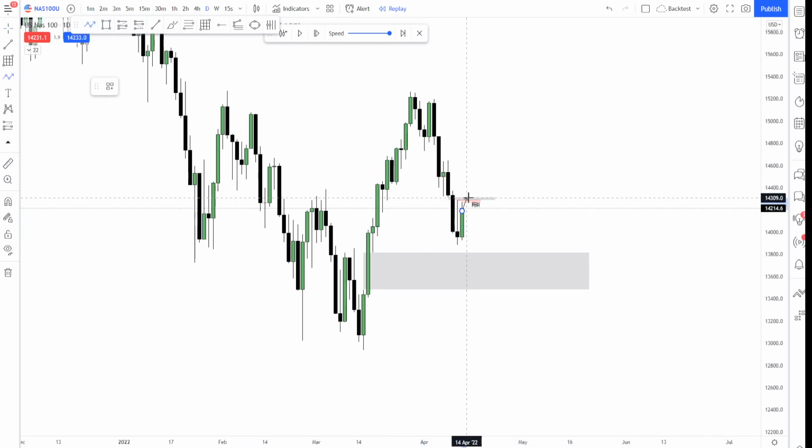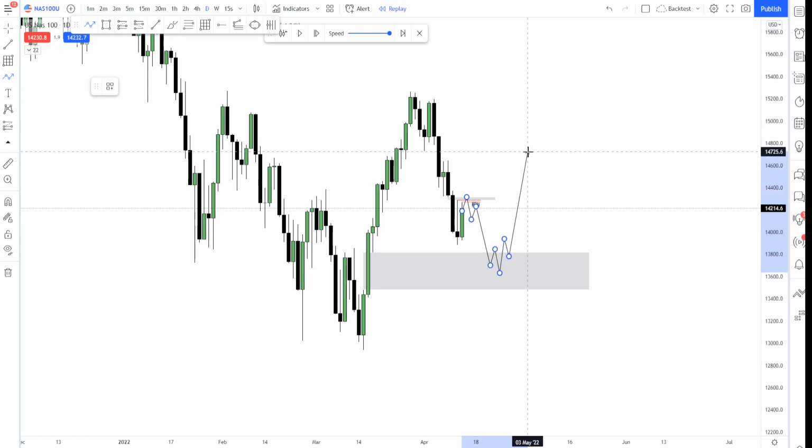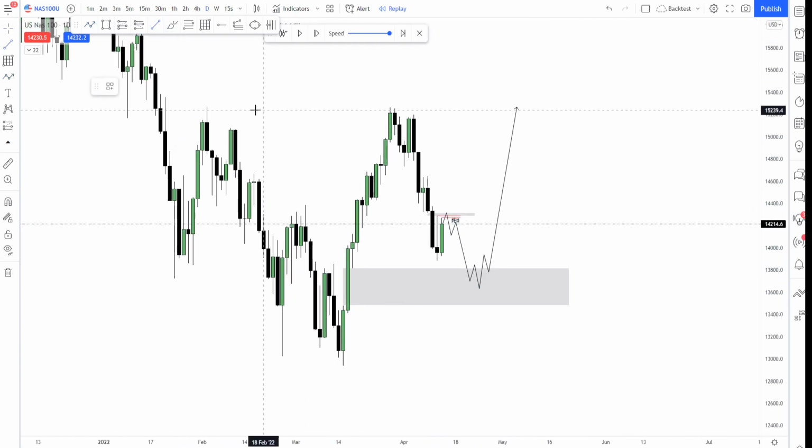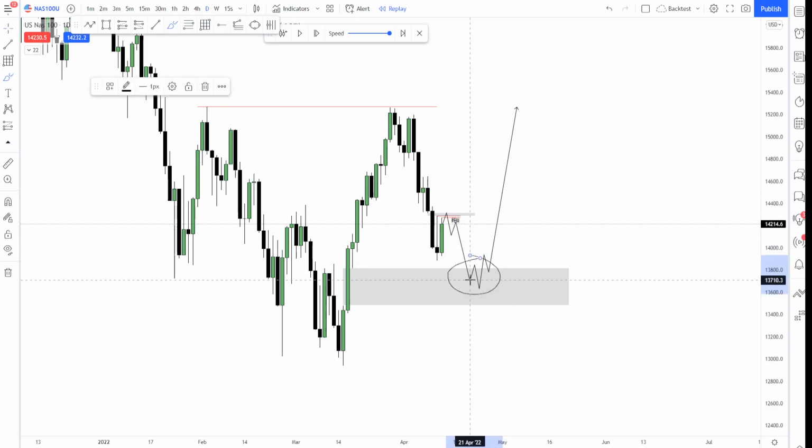So price up into this fair value gap, give us entry, down into this fair value gap, and come up to these equal highs and whatever it wants to do. So yeah, this is what I'm looking at. We'll decide where to target after this, but if this confirms us to be bullish, these would be my targets right there.